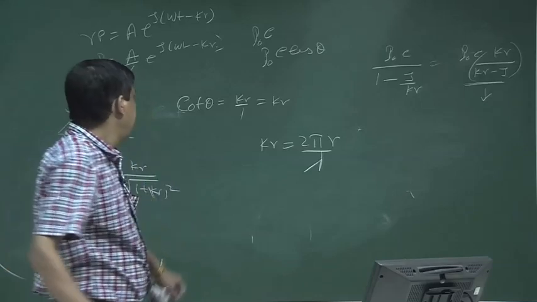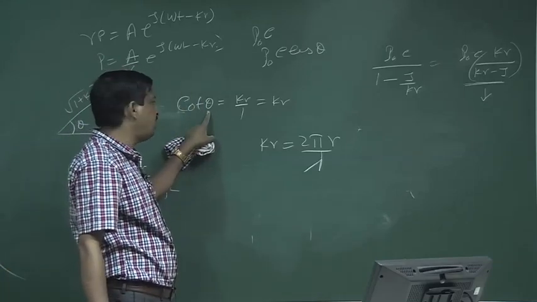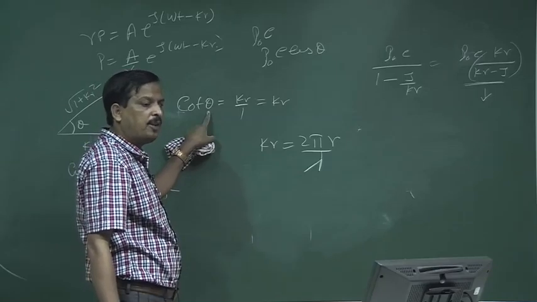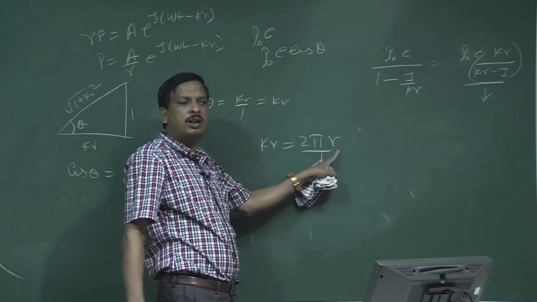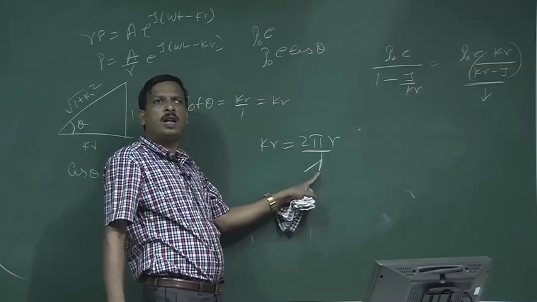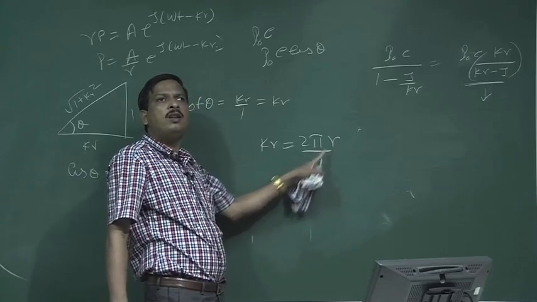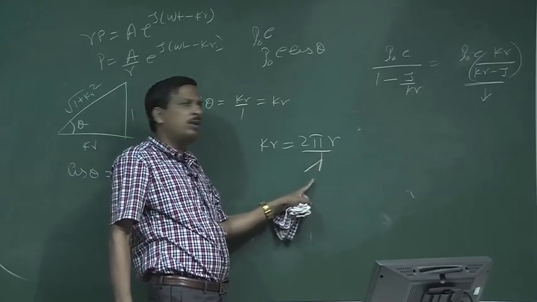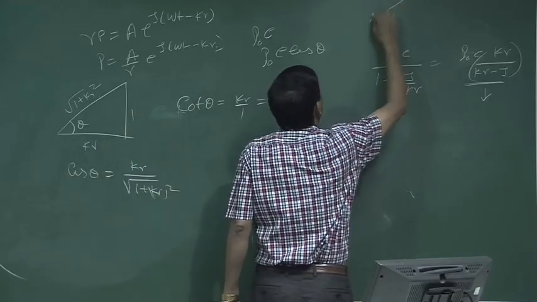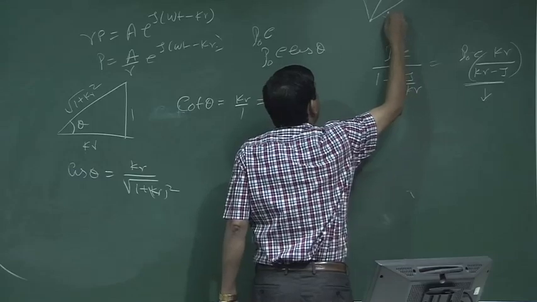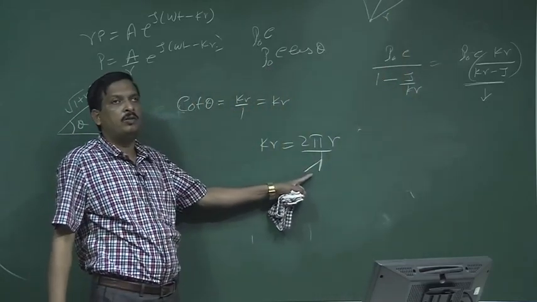So, I can say that theta is a function of the ratio between the distance from the source and the wavelength of the acoustic wave. Now, let us say the spherical wave is started here and going this way. If this r is very small compared to this lambda, what will happen?